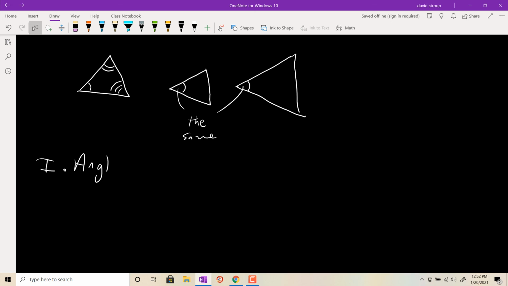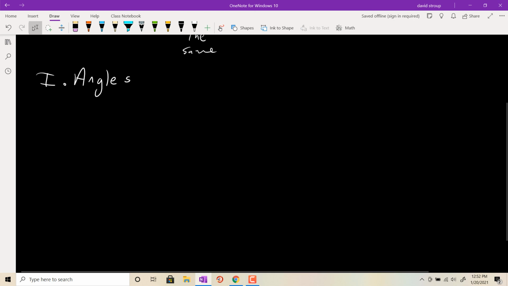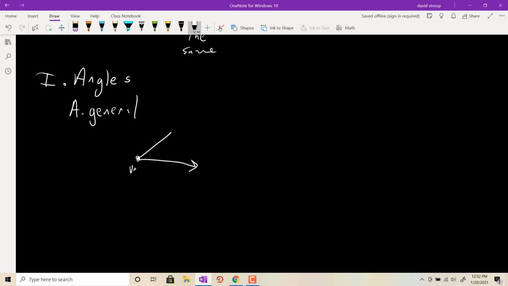Let's be a little more specific about angles in general. There are two sides to the angle: the initial side and the terminal side. We can take any piece of paper and draw two lines connected at one point. This point here we'll call the vertex.